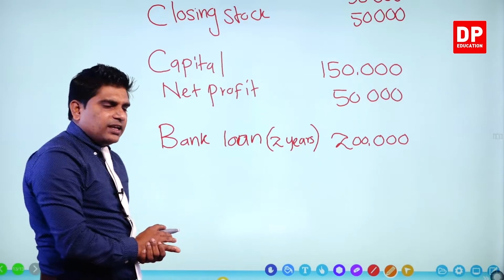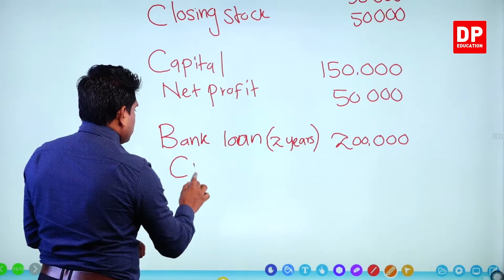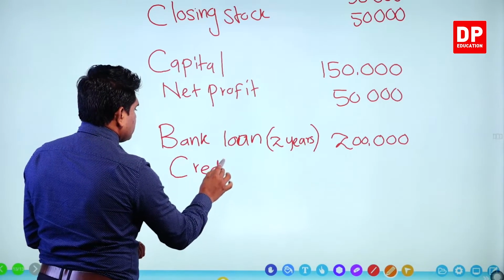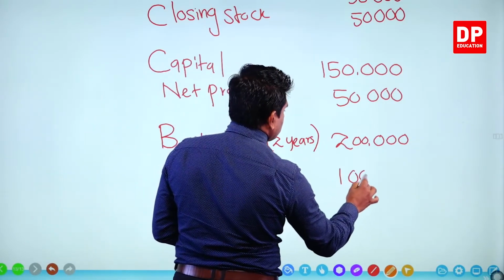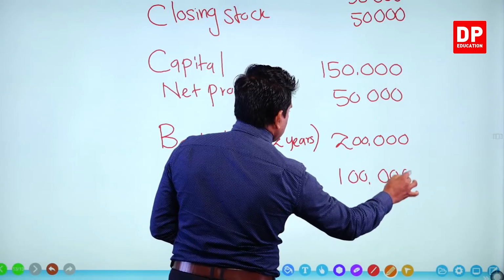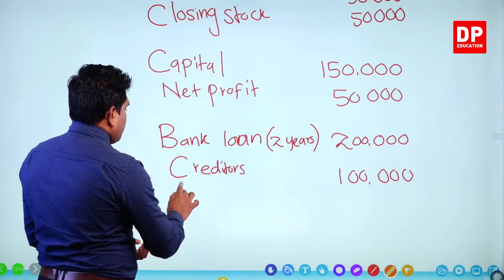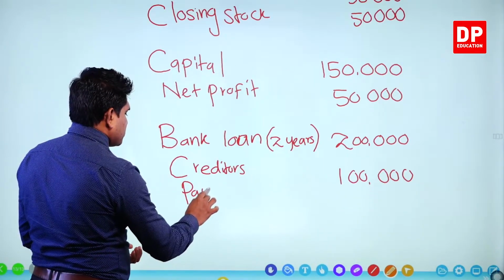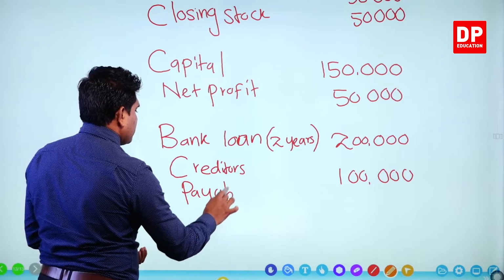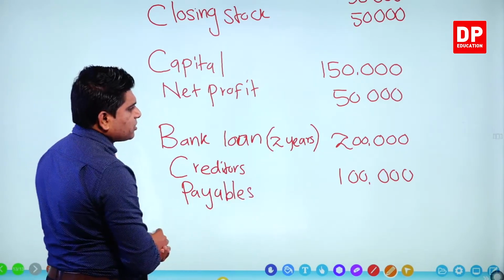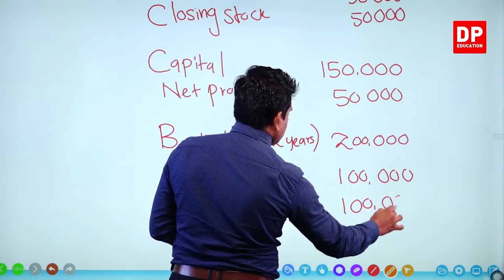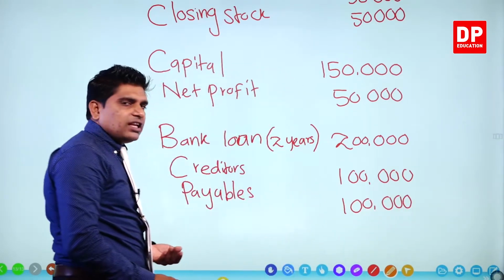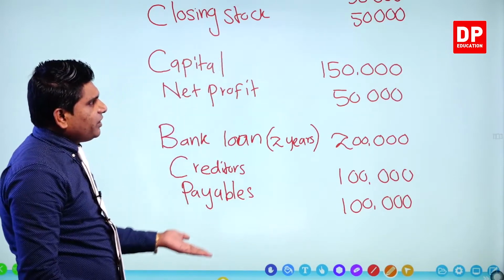Right? Creditors are given 100,000. Payables. Any payables, right? Payables also 100,000. The question is this. These are the details given.